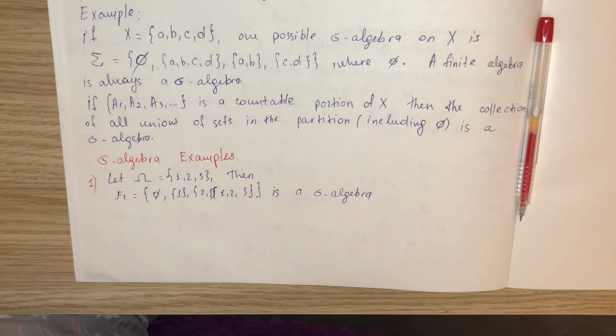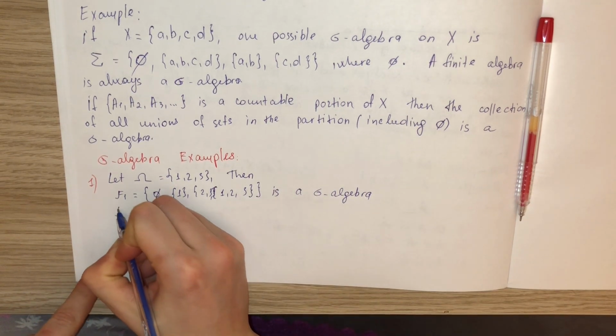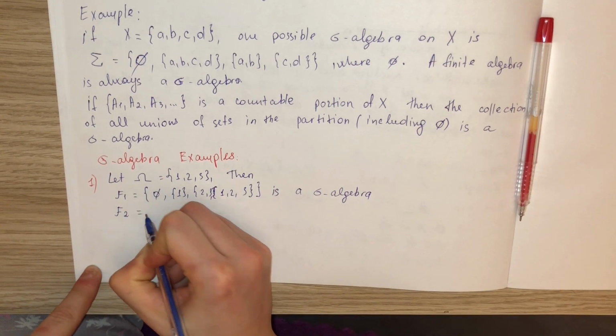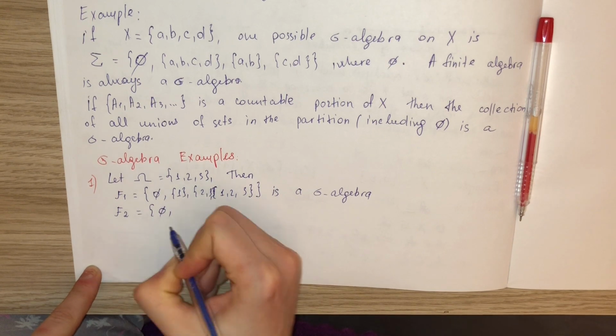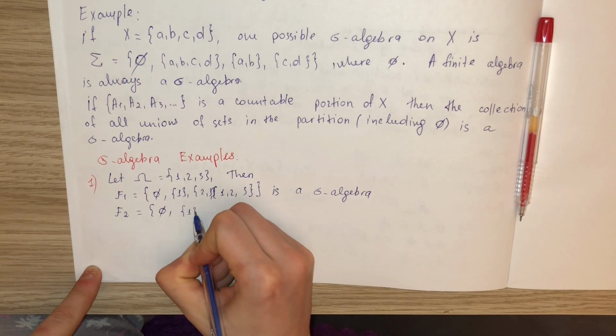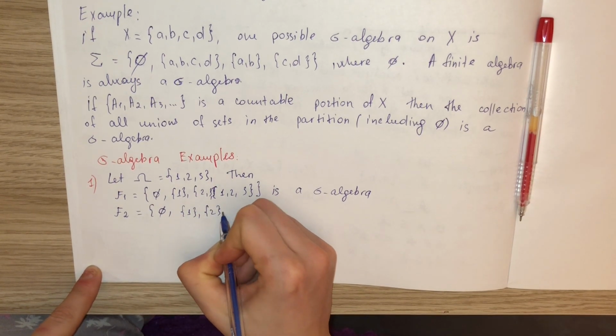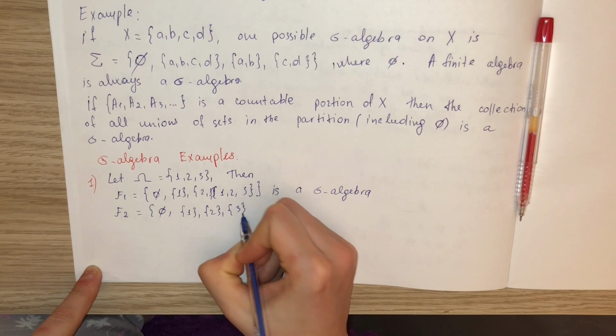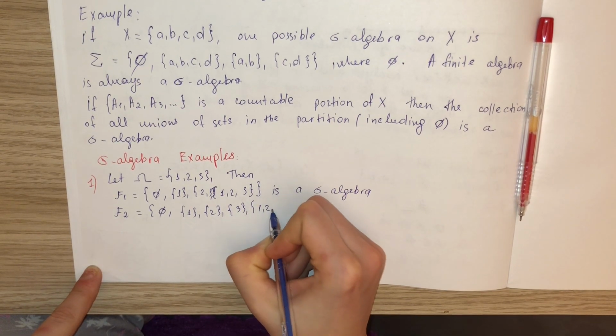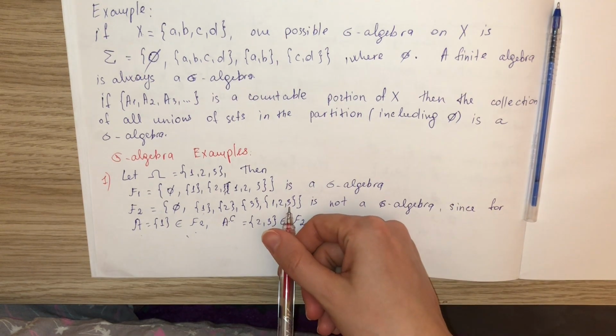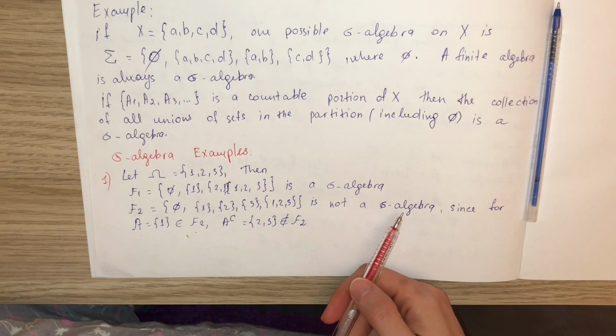But F2, let it be the empty set, {1}, and {1, 2, 3}, is not a sigma algebra.